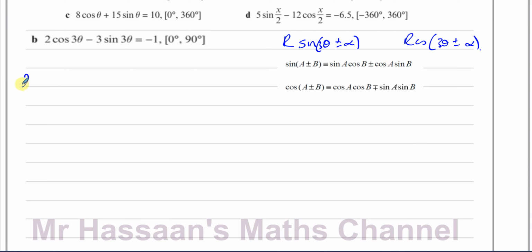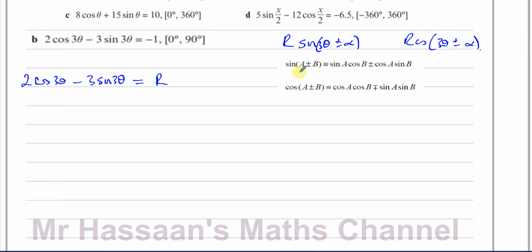So we're going to take our 2 cosine of 3 theta minus 3 sine of 3 theta, and write it in the form of r times something, and we've got to decide what fits. If you look here, you're going to have a cosine on this side and a sine on that side, right?